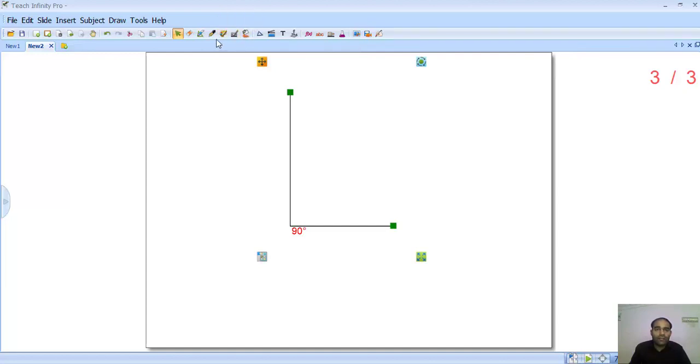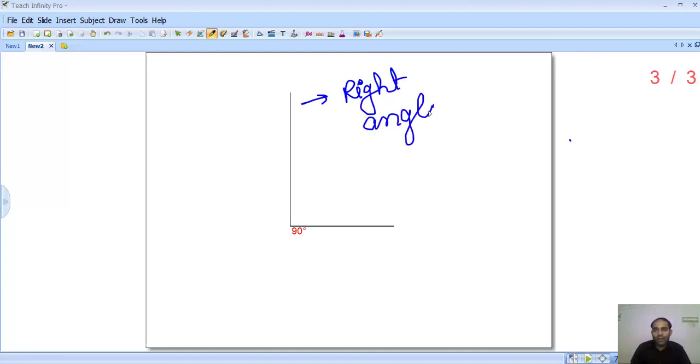This is a 90-degree angle, and a 90-degree angle is called a right angle. And how do we denote 90-degree? Can you see this small degree symbol? This is called degree. So how do we represent 90-degree?